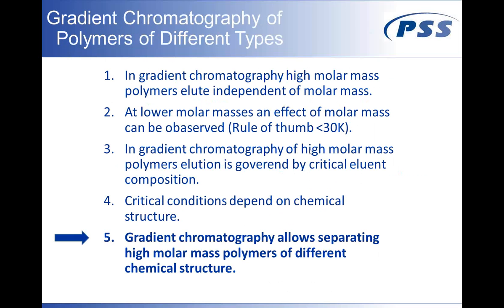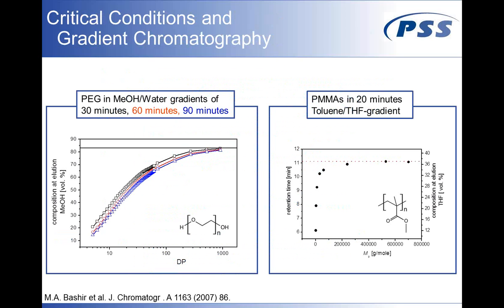And that means in gradient chromatography of high molar mass polymers, elution is governed by the critical eluent composition. Since this critical eluent composition depends on the chemical structure, a PMMA has a different critical eluent composition on a silica stationary phase than a poly(tert-butyl methacrylate), for example. The result is that gradient chromatography allows separating high molar mass polymers of different chemical structure. We are able to separate high molar mass polymers based on chemistry.